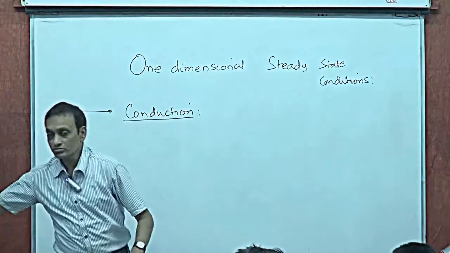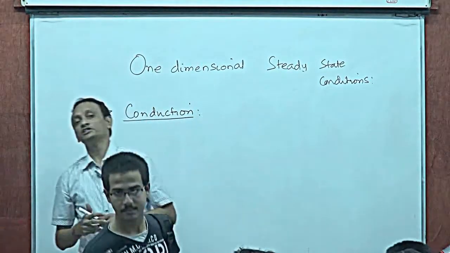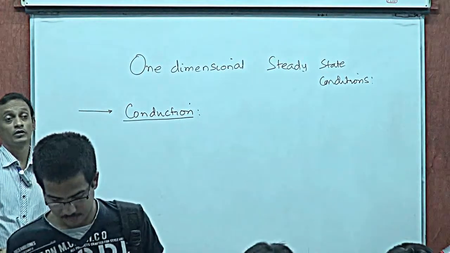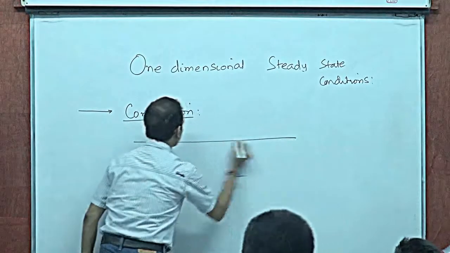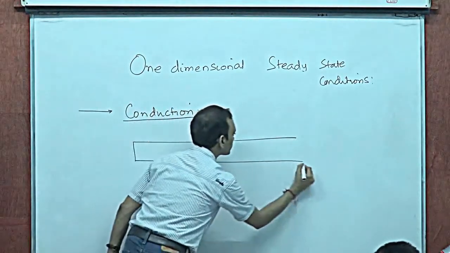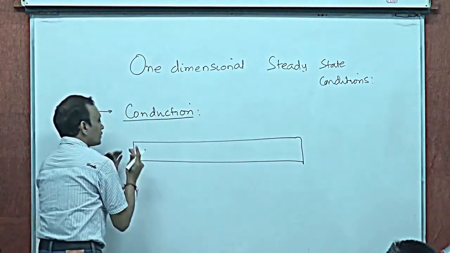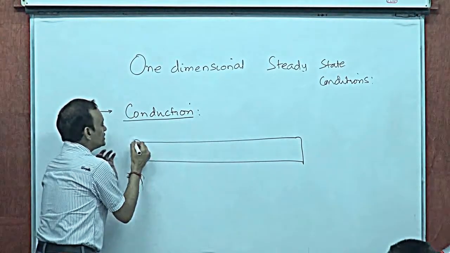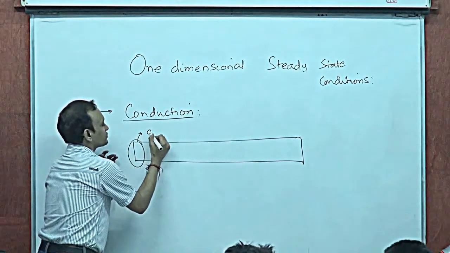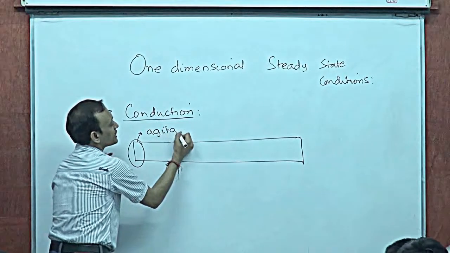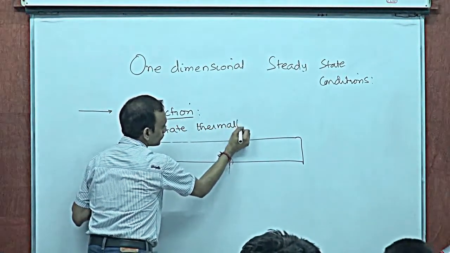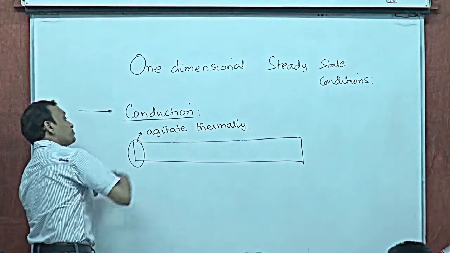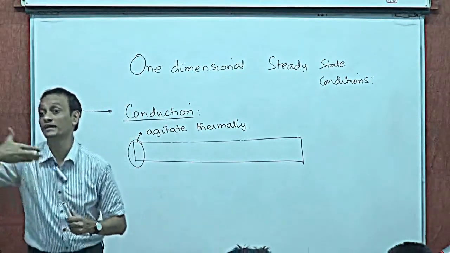This is related to flow of heat in material medium, where if, let's say, this is a certain medium, and a certain region of the medium, say, I agitate thermally. A certain part of a medium, I agitate thermally.